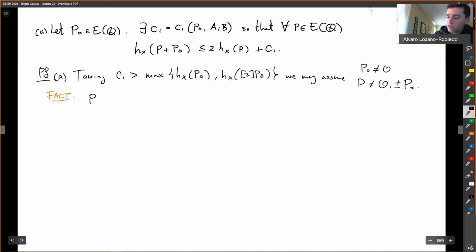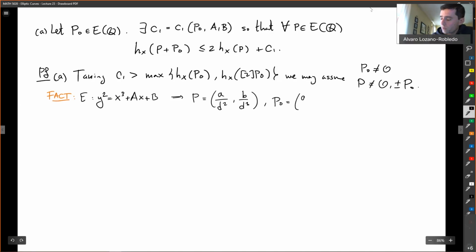So because E is given in short Weierstrass equation, P can be written as A over D squared and B over D cubed, and P naught similarly, with coordinates x naught, y naught equal to a naught over d naught squared and b naught over d naught cubed, in lowest terms.